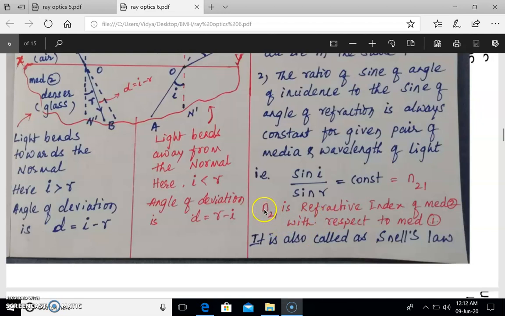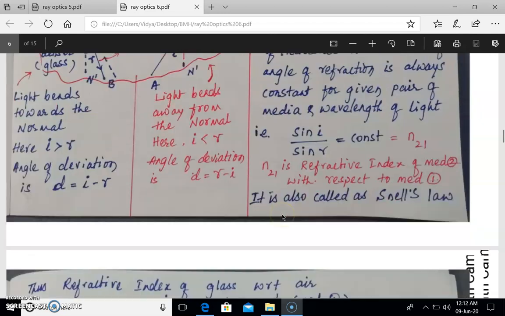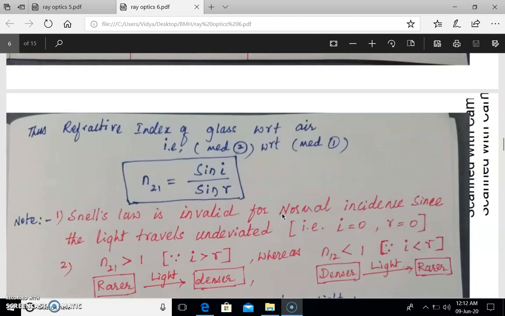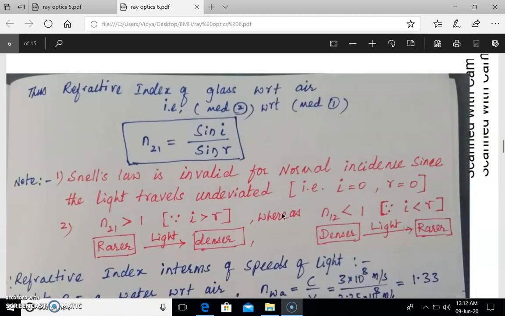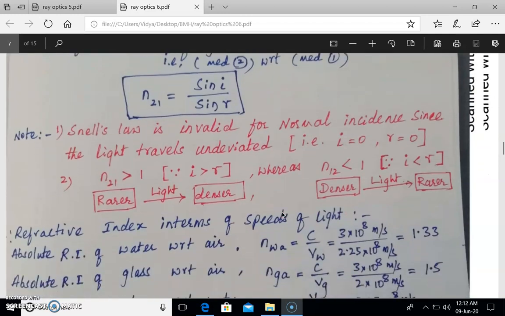In other words, the refractive index of glass with respect to air, since the light travels from air to glass. Thus, the refractive index of glass with respect to air, that is medium 2 with respect to medium 1, n21, is sin I by sin R.